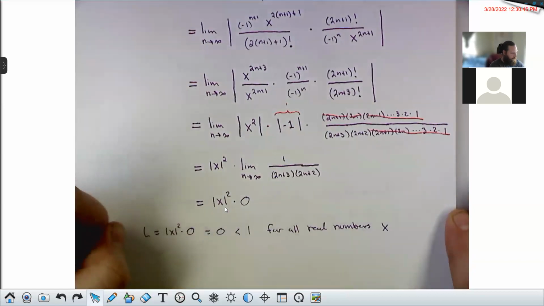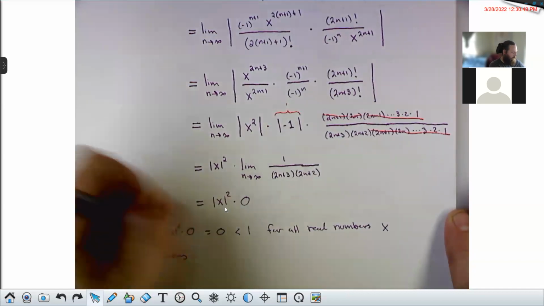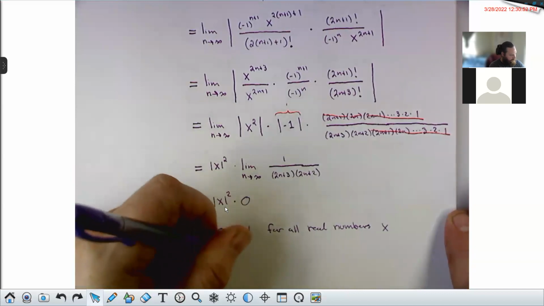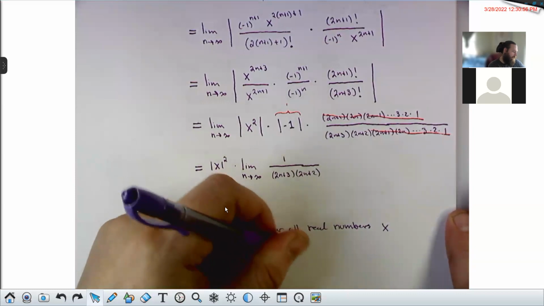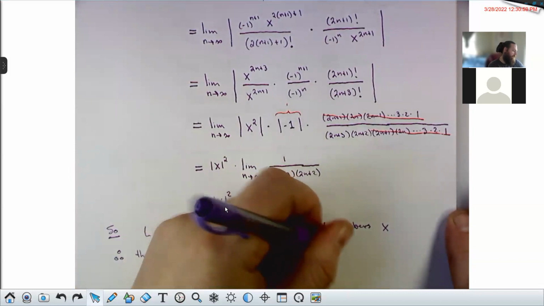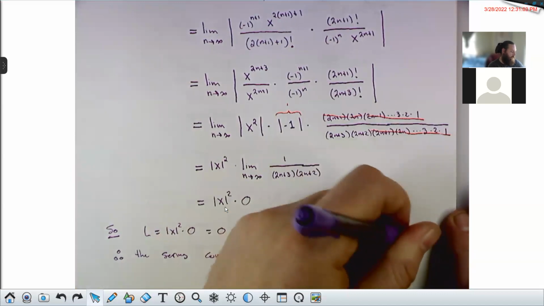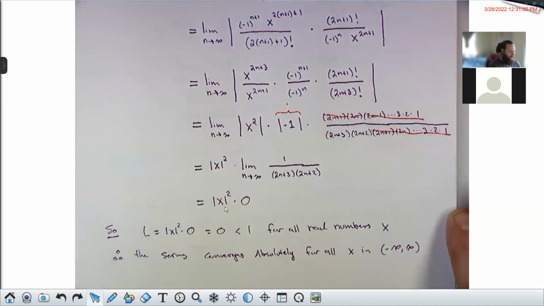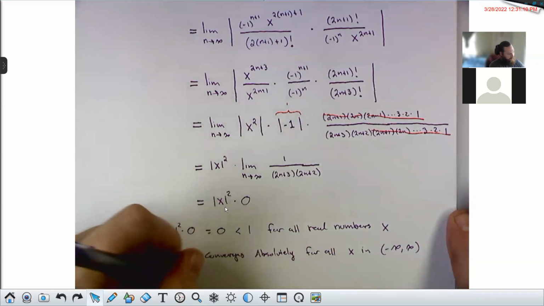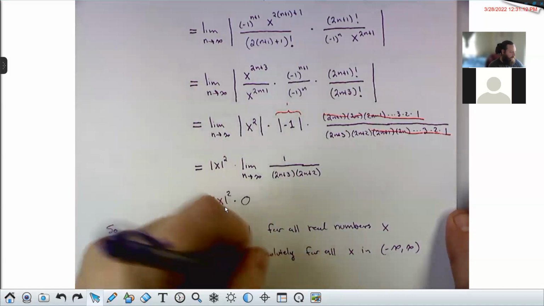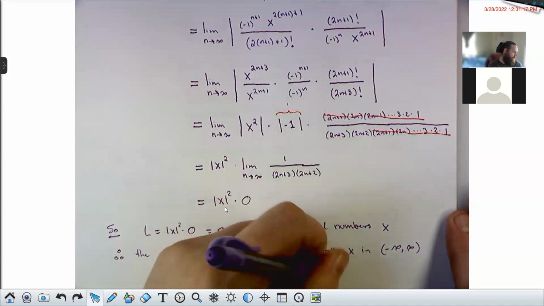Therefore, the series converges absolutely for all x in the interval -infinity to infinity. So that's your IOC. And the ROC, radius of convergence, is infinity.